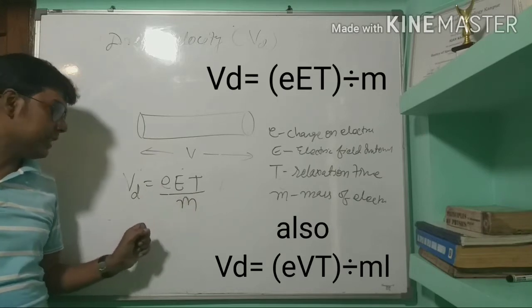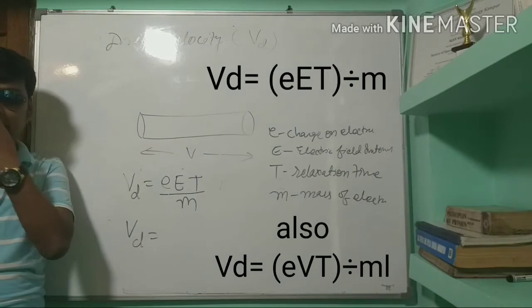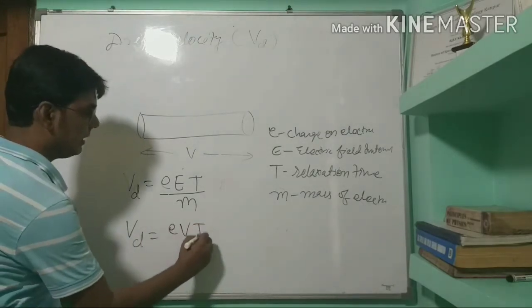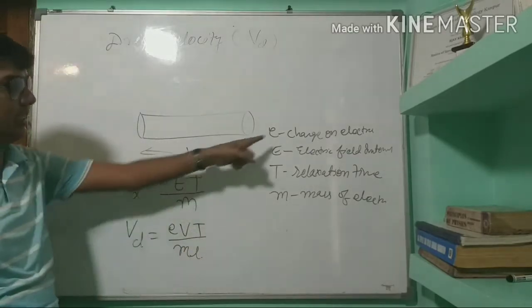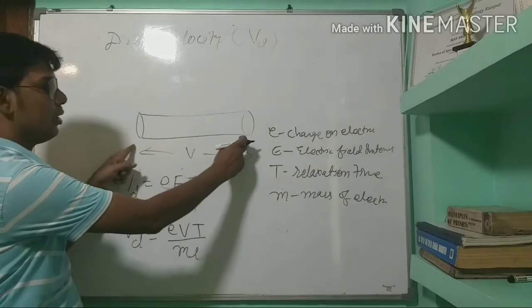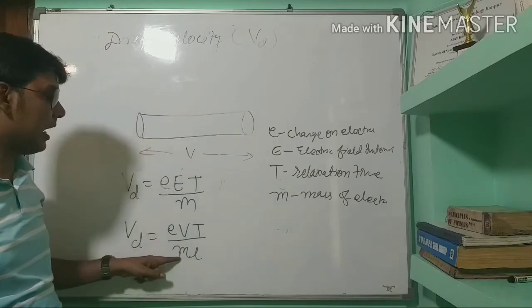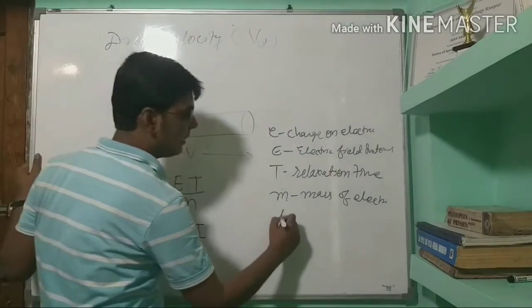Sometimes we write Vd equals eVt by mL, where e is the charge on the electron, V is the potential difference across the conductor, t is the relaxation time of the electron, m is the mass of the electron, and L is the length of the conductor.